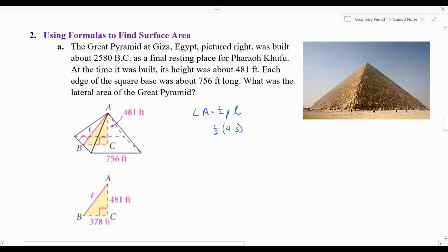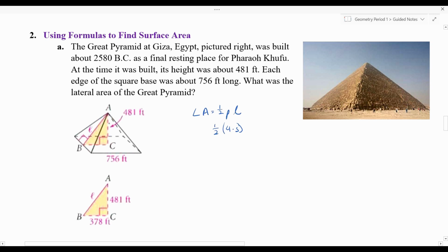Now L, how do I find the slant? Well, the slant is not given to us, but if I bring the altitude to one of the faces and transfer over, we end up with a right triangle in which the altitude is 481.